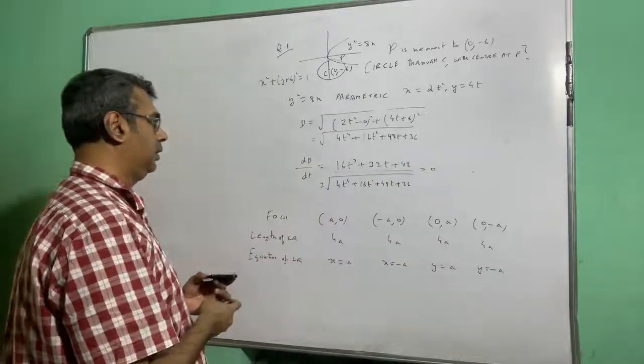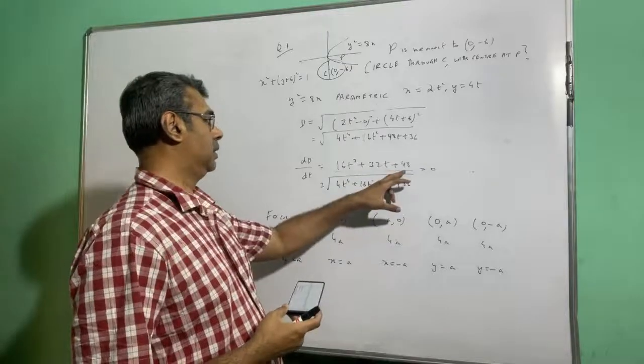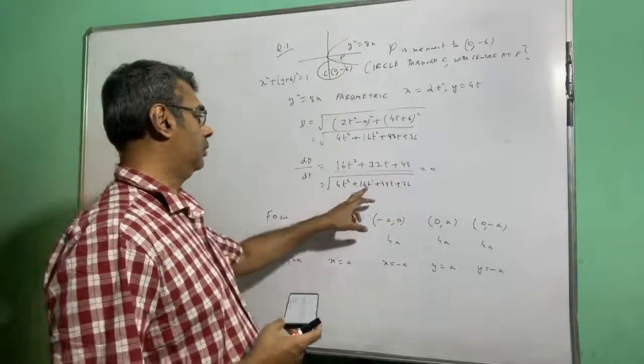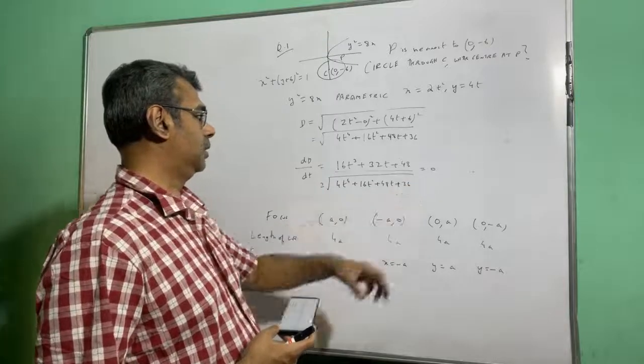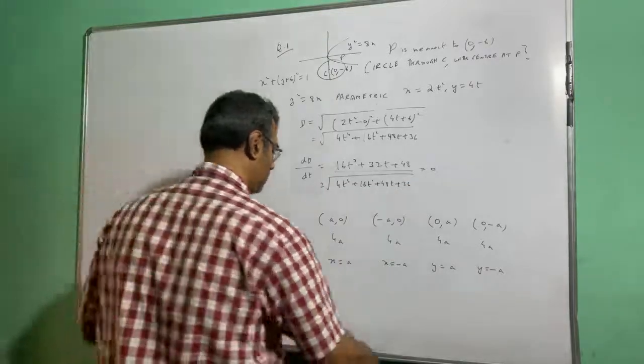So 16t cube plus 32t plus 48 by 2 root 4t to the power 4 plus 16t square plus 48t plus 36. This whole thing is equal to 0.